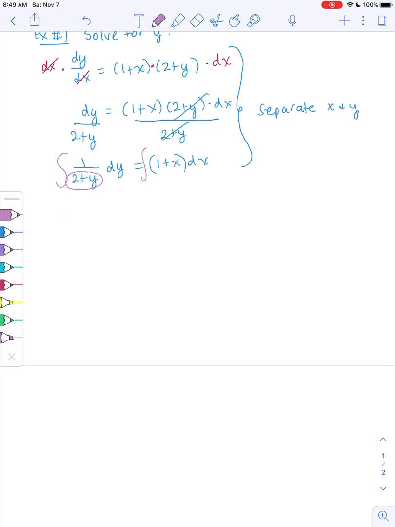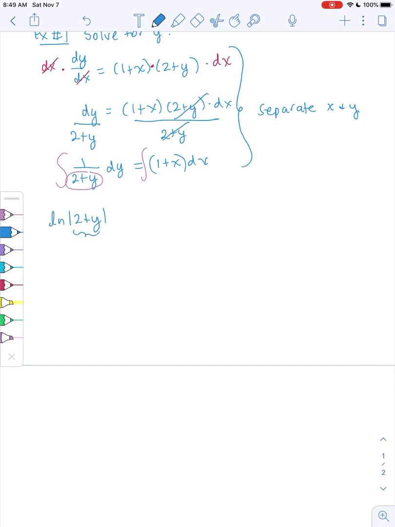Or, so long as you recognize the bottom as something linear, you can just reverse the derivative in your head. The derivative of what would get you 1 over 2 plus y? The derivative of ln of 2 plus y would give you 1 over 2 plus y.